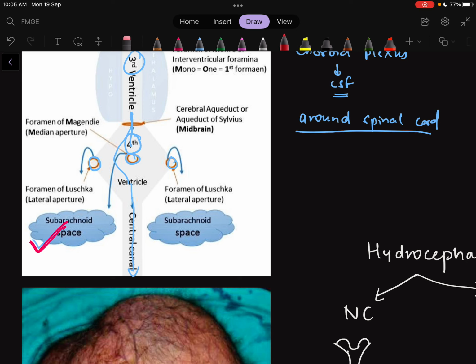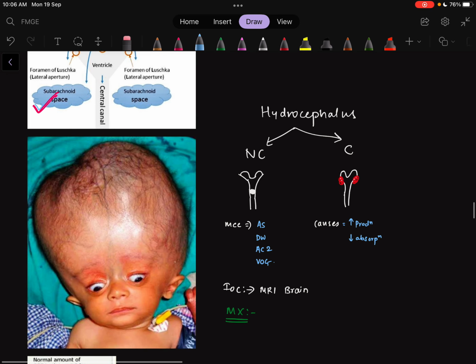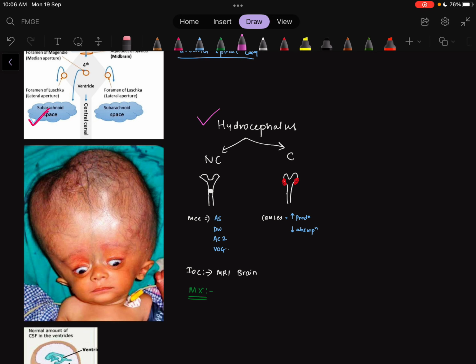अगर CSF प्रोडक्शन ज़्यादा हो गया या फिर ये फोरामेंस जो है वो ब्लॉक हो गए, then there can be increase in CSF that will cause swelling, or this type of swelling in the baby's head. This is known as hydrocephalus, right?